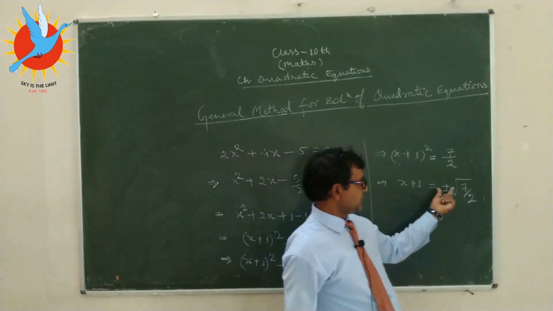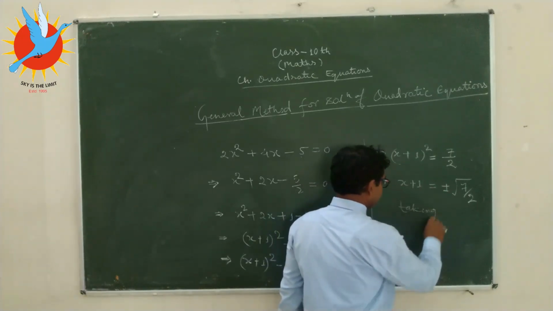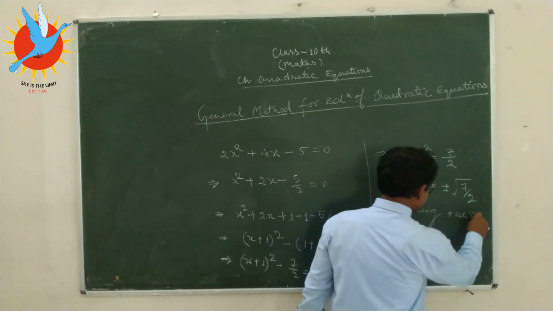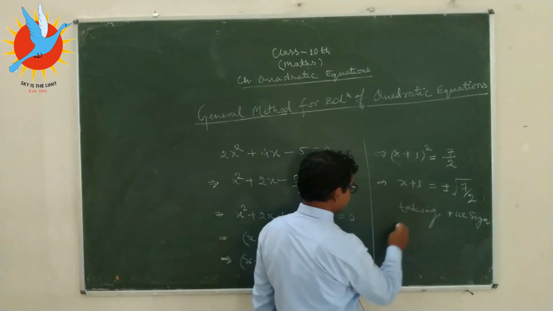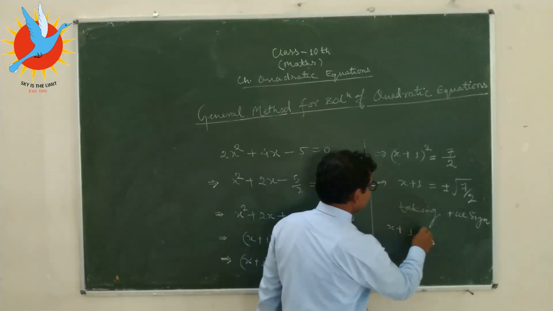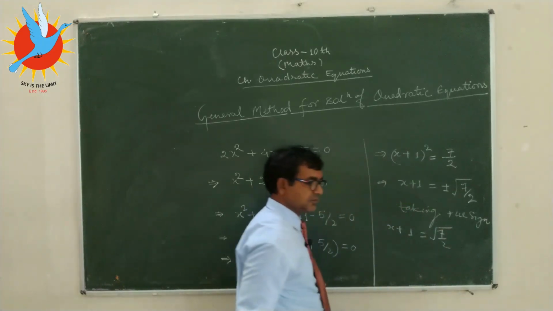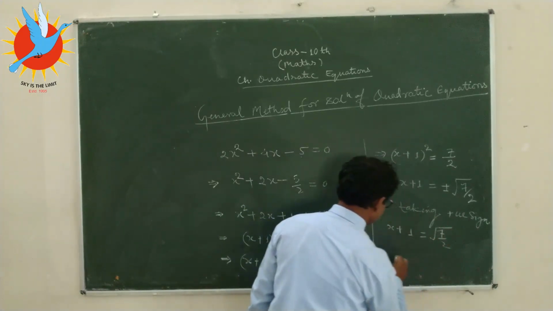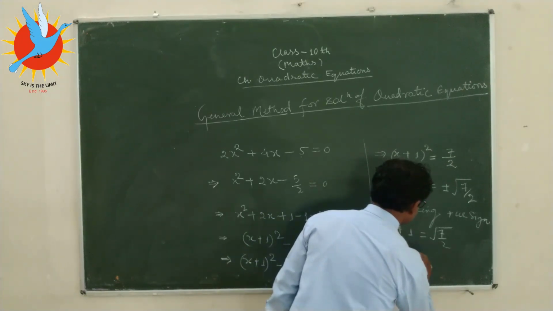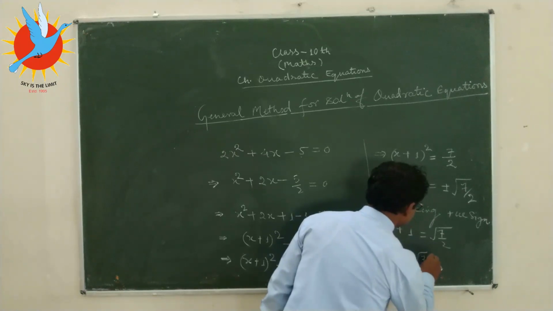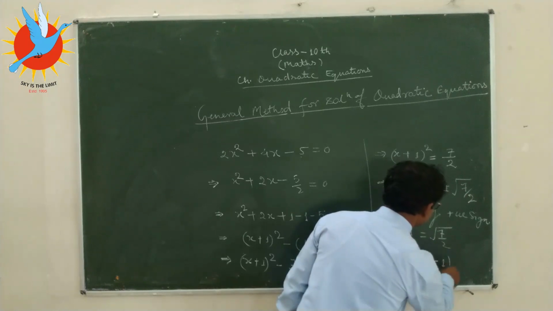Taking the positive sign, what we have is x plus 1 equal to root over 7 by 2. Now transpose this. This gives x equal to root 7 upon 2 minus 1.